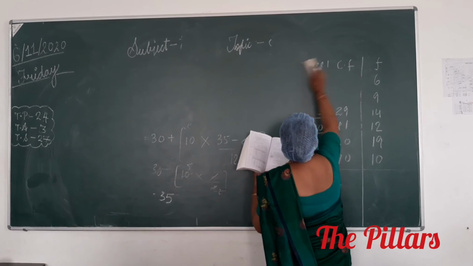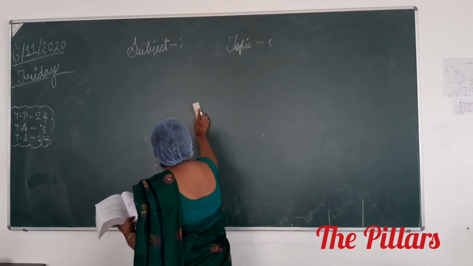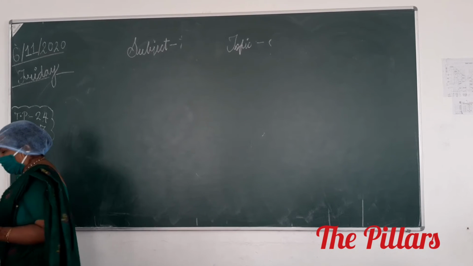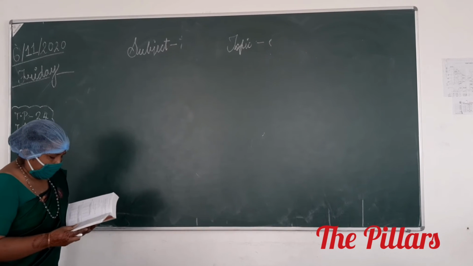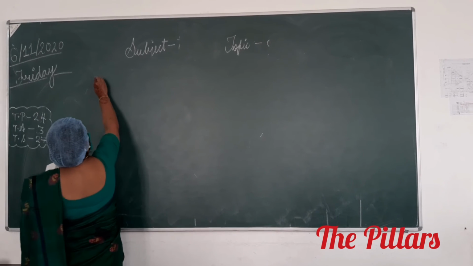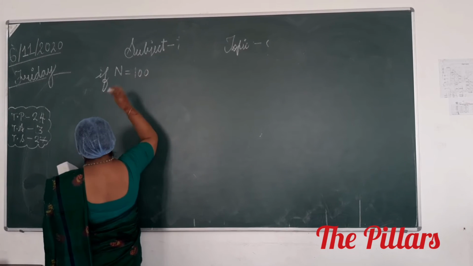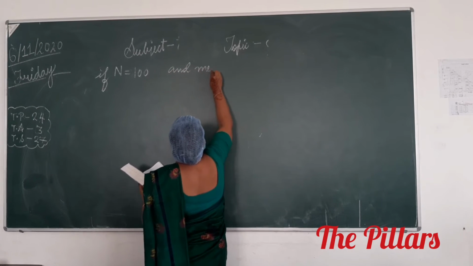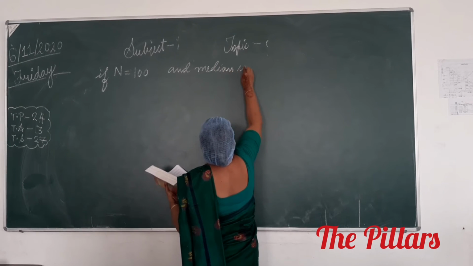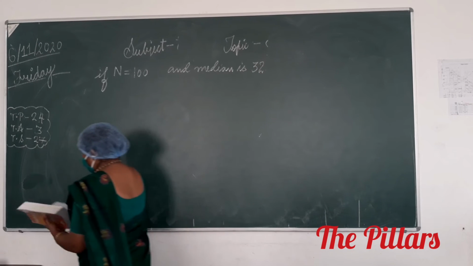Find the missing frequencies in the following frequency distribution table, if N is equal to 100, what does this N stand for, children? Summation of frequency, and median is 32.